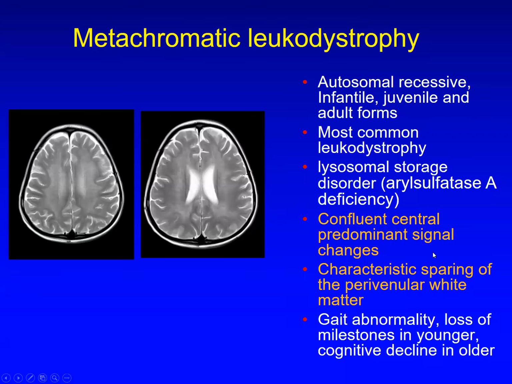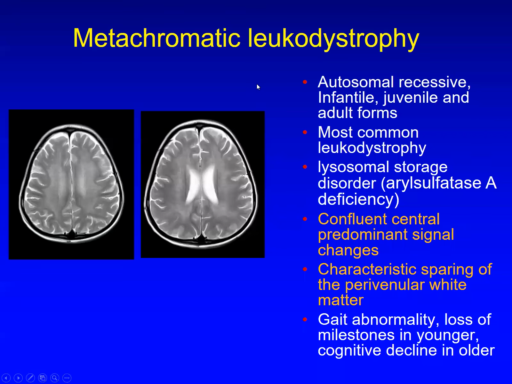The pattern of these is usually predominantly central, so it's a centripetal pattern. That's one of the patterns we're going to see repeated in several of these entities, has characteristic sparing of the subcortical white matter, and these patients will often present with gait abnormalities, loss of milestones, again, developmental regression, particularly losing milestones, is a very typical clinical appearance of leukodystrophy.